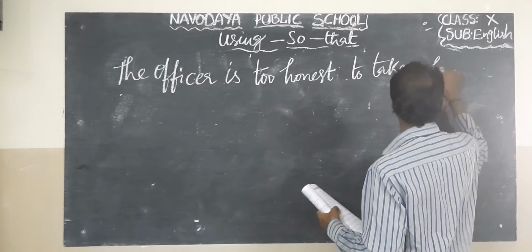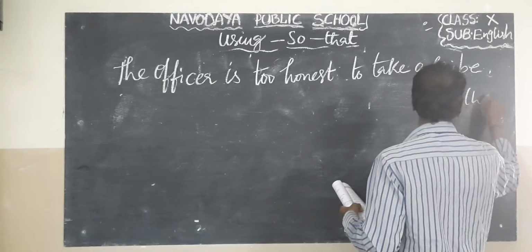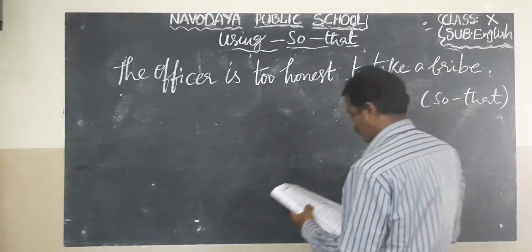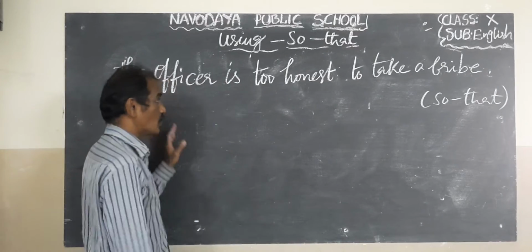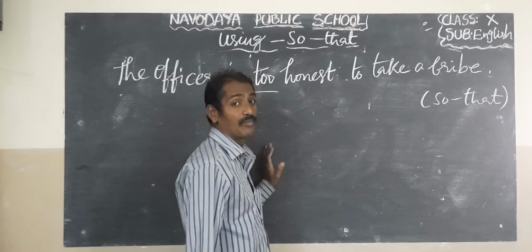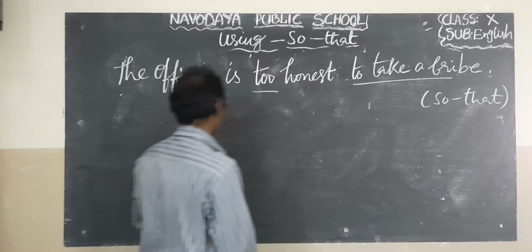Here also "so that". Children, here the officer is too honest means that he cannot be, here, to take a bribe. Okay. So using "so that".